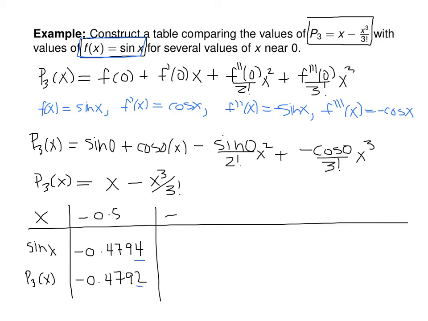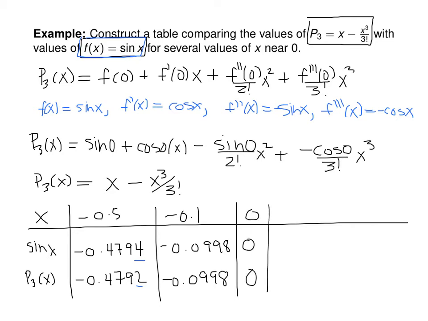When you plug in something like negative 1/10, you actually get 0.0998 when plugging into sine, and you get 0.0998 when plugging into p3 also. So those two values are different if you look at decimals further along, but for the first 4 digits at least they agree. When you plug in 0, both of these functions agree and they're both 0.